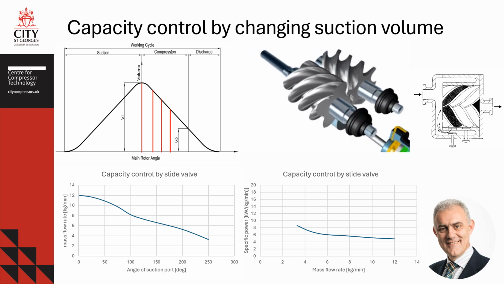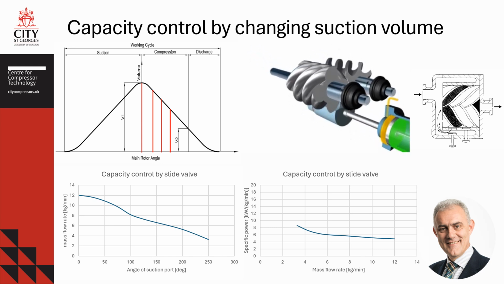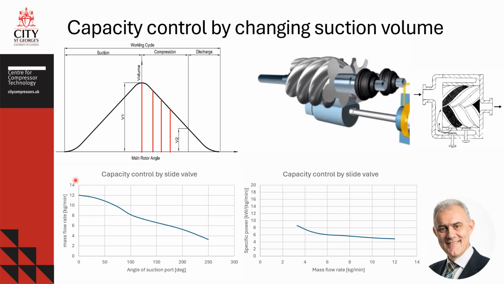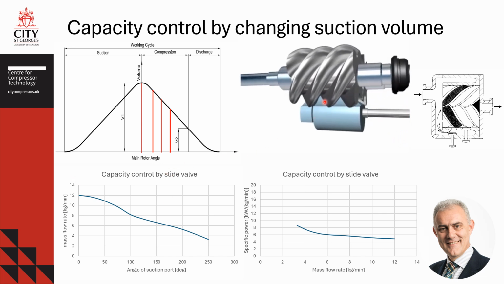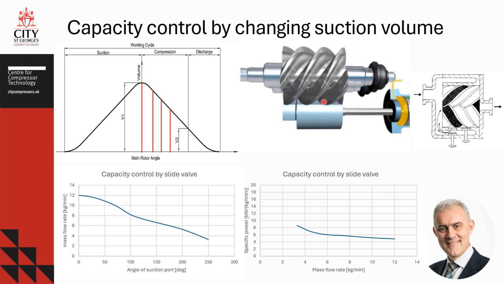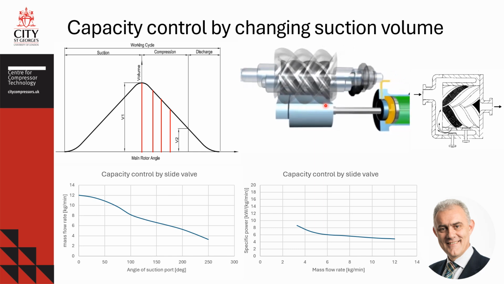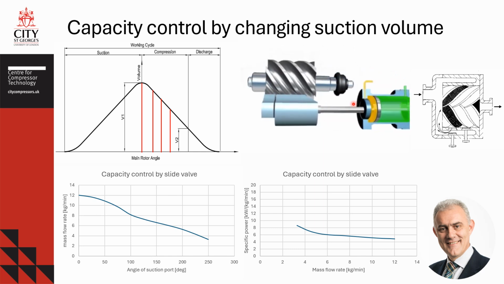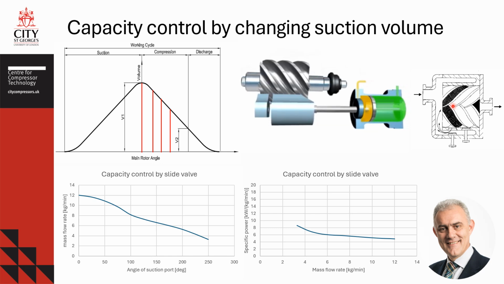The most common method to control compressor capacity in process gas and refrigeration is by a sliding valve, shown in the clip. The same effect can be achieved in a stepwise manner by individual poppet valves, shown in the image on the right.